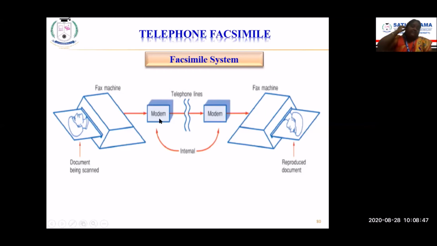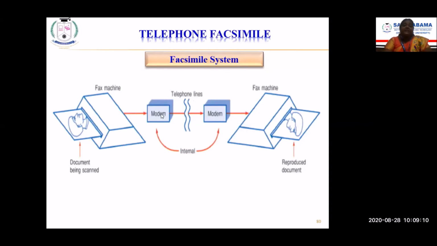Now we have introduced one new terminology, modem. What is a modem? Can anyone tell? Modulator, demodulator. Yes, very good. Sai Varun has told modulator and demodulator. So it does the process of modulation and demodulation.